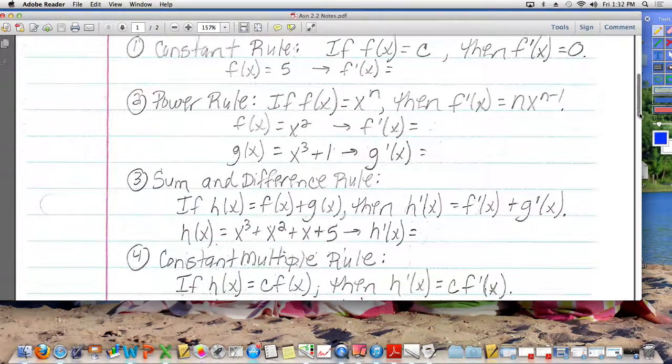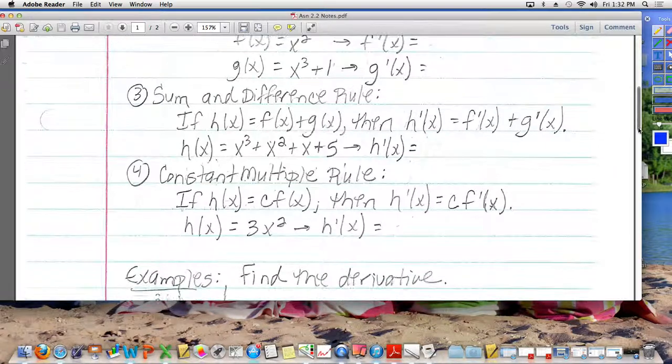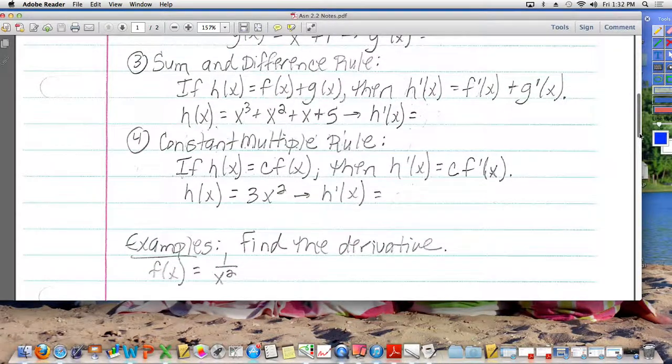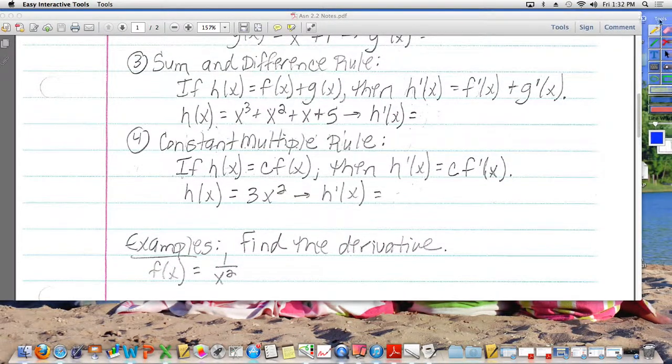All right, the power rule, where are we now? The sum and difference rule. You need to start writing again. The sum and difference rule says that if h of x is equal to two functions added together, f of x plus g of x, then the derivative of h of x is equal to the derivative of each one of them individually and then added together.